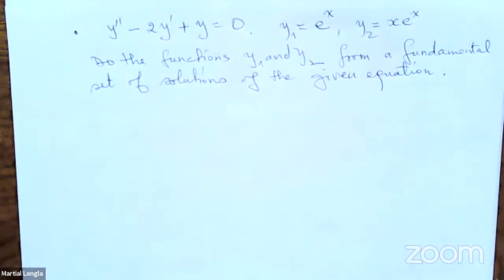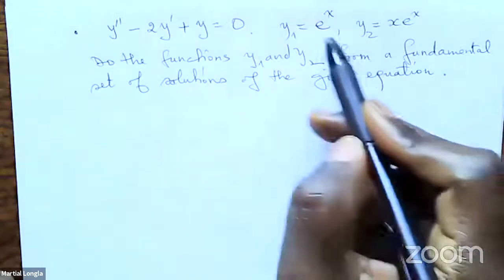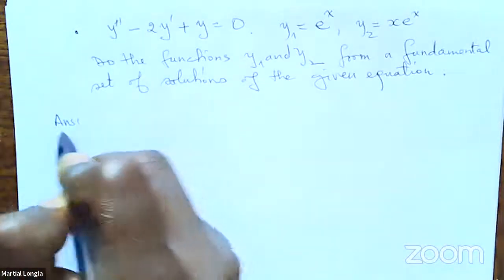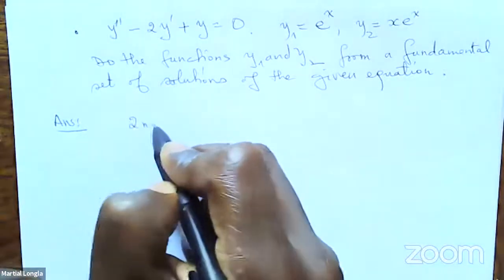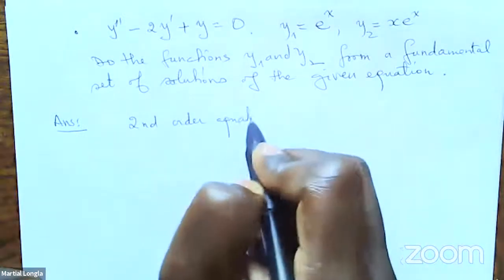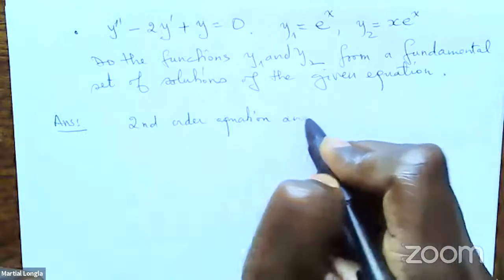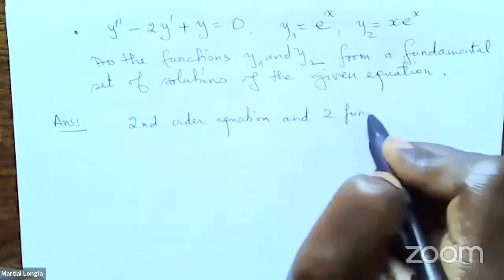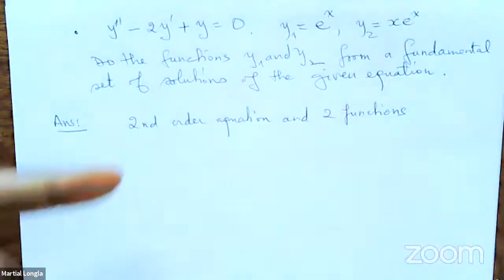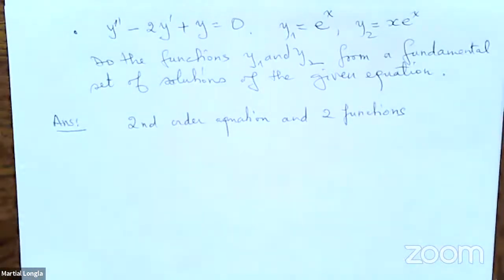So for this question, what you do clearly is, as we said, notice that this is a second order equation, and two functions. It's important because if you have a second order equation and three functions, there's no way they are going to form a fundamental set of solutions.